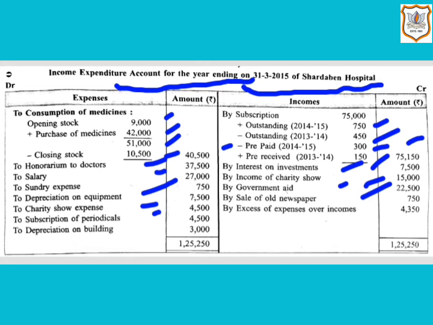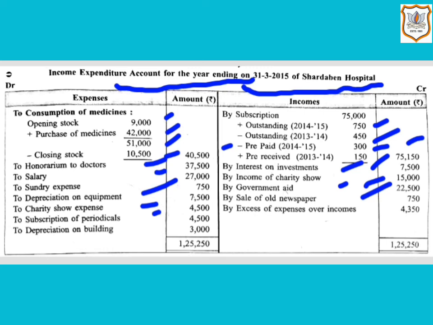Now, in other information, let us check here. Building less depreciation is given. On 1st April 2014, it was 60,000, and at the end of this year, that is 31st March 2015, it is 57,000. So here the amount is decreasing.